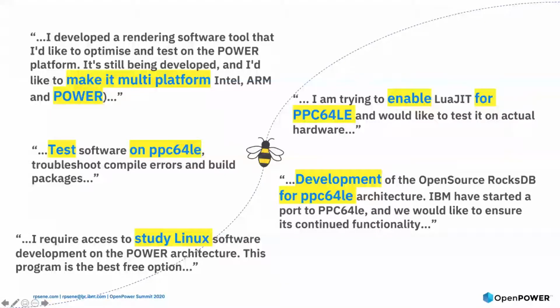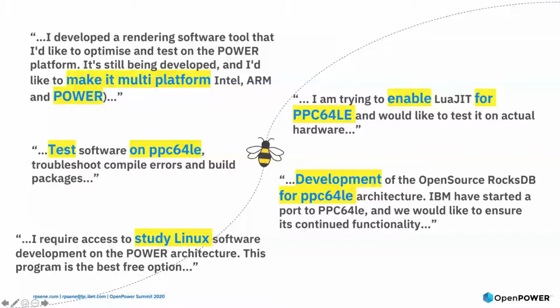They do not have Power available, so they want it for free instead of buying a Power machine at the beginning of development. They want to try that out. They want to enable some technology for Power. They want to test on Power, or they want to develop on Power. So they want to integrate Power as part of their CI infrastructure, or they just want to study Linux.